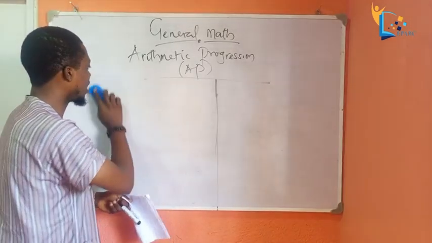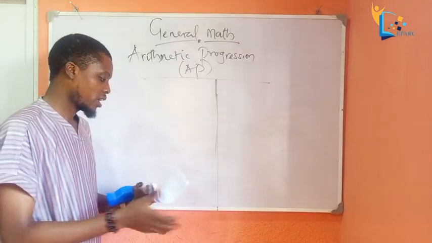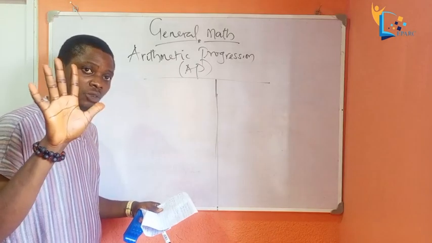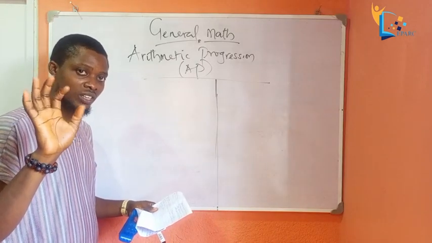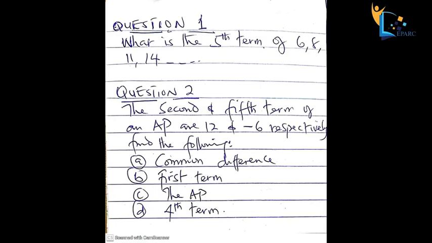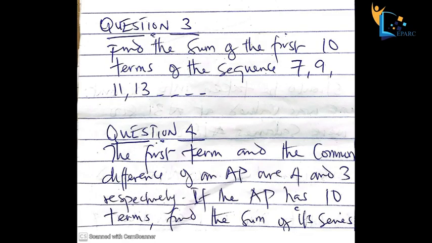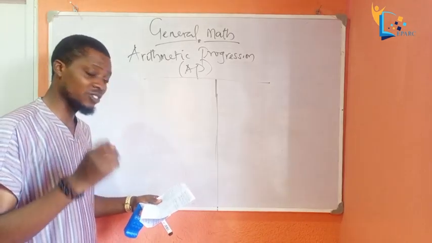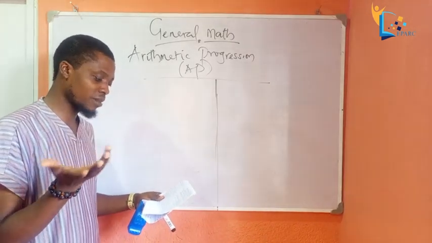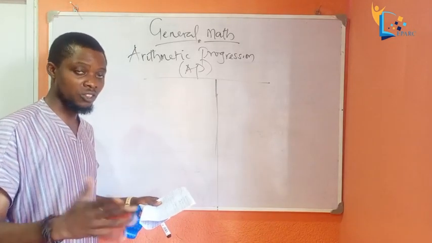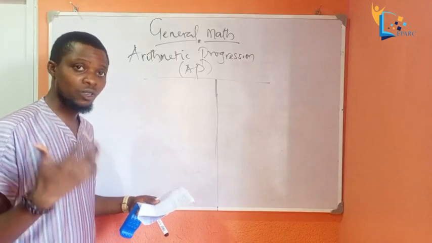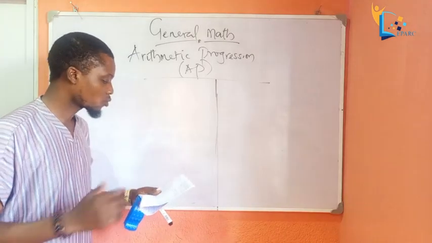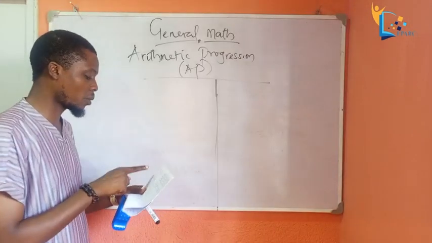So let's consider an example here. I'll share the question on the screen so that you see it also. There are about 4 questions, so I'll try to solve 2 or 3 so that you attempt the other ones. That will help you understand it better. Are we following?